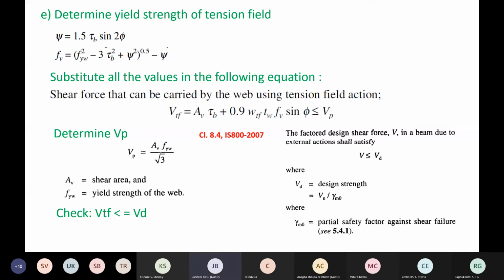AV, the shear area you have already calculated, 1400 into 8. FYW is 250 by root 3 into 1.1 Newton, divided by 10 power 3 will give you kilonewton. 1469.62 kilonewton. Okay, fine.